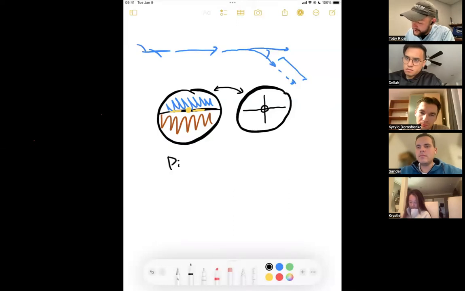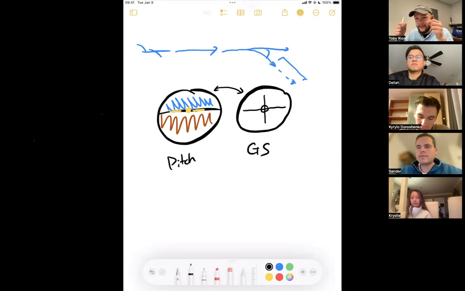So pitch for glide slope. And the reason I recommend that is because if you push forward on the yoke or the stick, the glide slope will immediately begin to climb. Immediately.